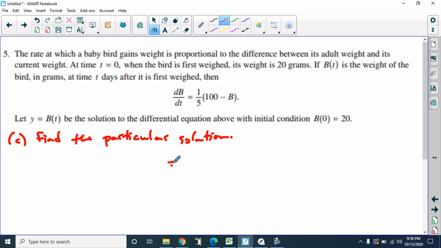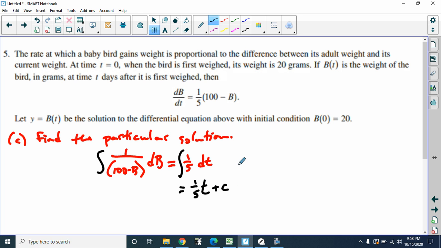So when we separate the variables here, I'm going to leave the 1/5 on this side. Technically, you could also move it over. So we divide both sides by 100 minus B. This side, when I integrate, I get 1/5 t plus c. This side, we're officially u substituting, although you might be able to do it without, because du is just -1 dB.